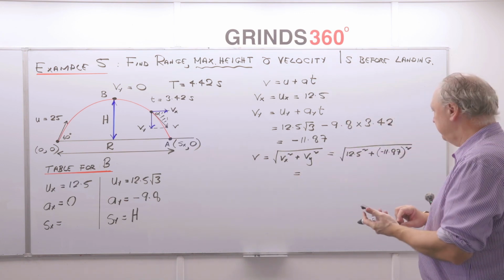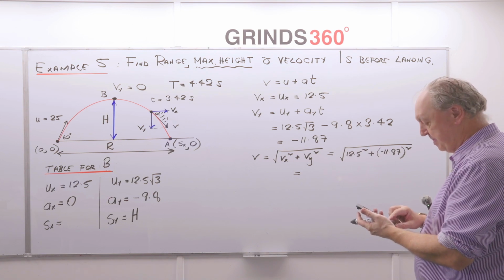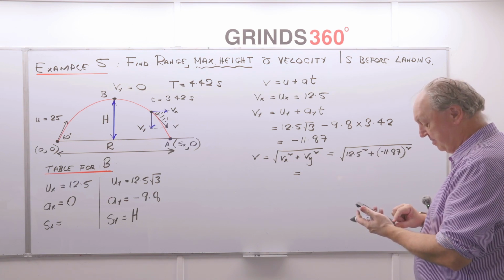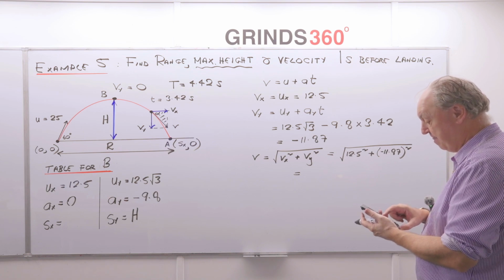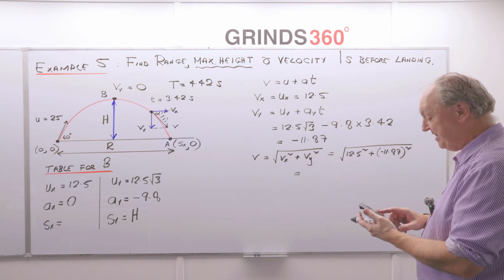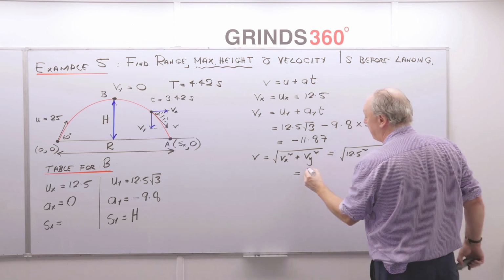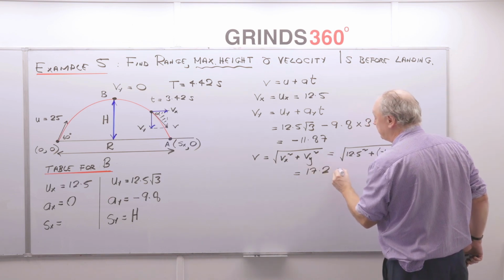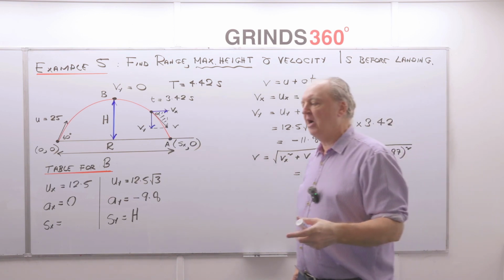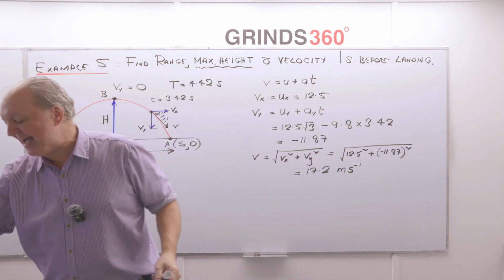Square root of 12.5 squared plus 11.87 squared. And that equals, say, 17.2 meters per second. But because I said velocity, I also need that angle in there.